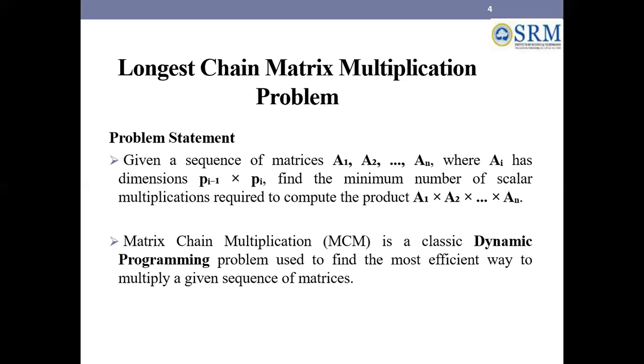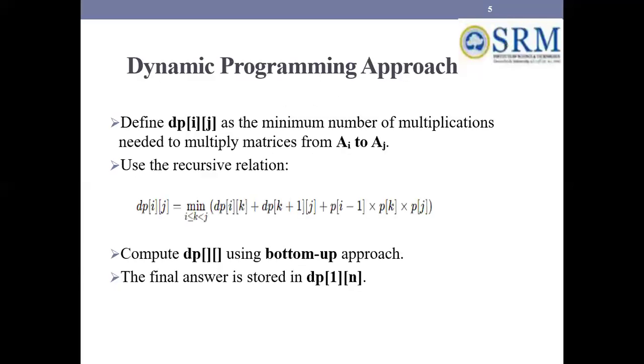Here we are applying the dynamic programming concept to perform matrix multiplication in a sequence form. And define TP, that is, we are going to generate a table, a dynamic programming table. TP is a two-dimensional table with i number of rows and j number of columns that stores the minimum number of multiplications needed to multiply matrices from Ai to Aj.